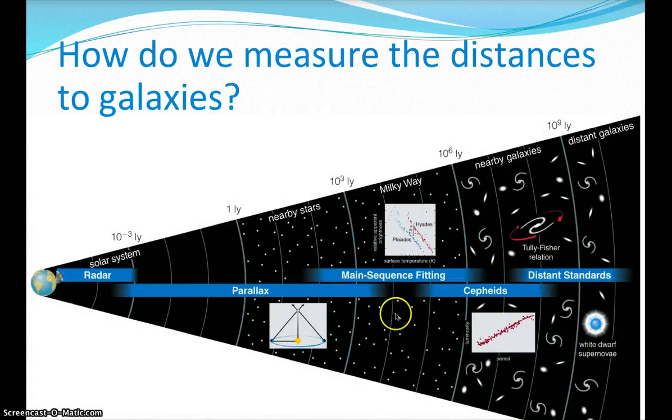So as you see here, once we move off of parallax, we're talking about main sequence fitting, and we'll talk about how that works and what our standard candles are there. Cepheid variable stars become our standard candles as we move into nearby galaxies. And then what will we use as standard candles for distant galaxies?